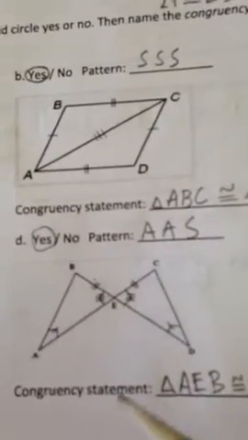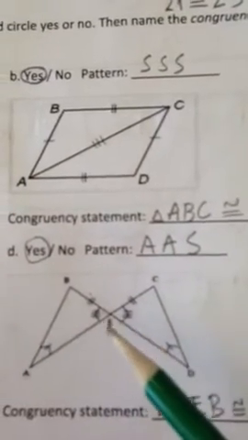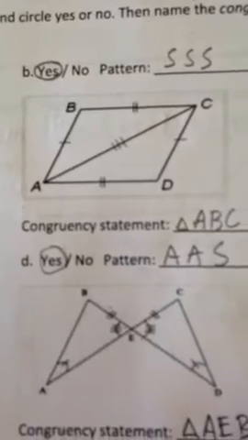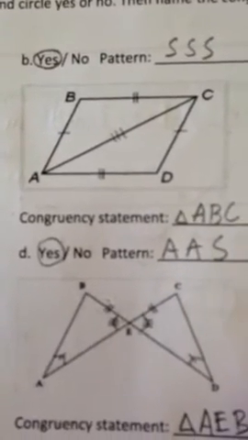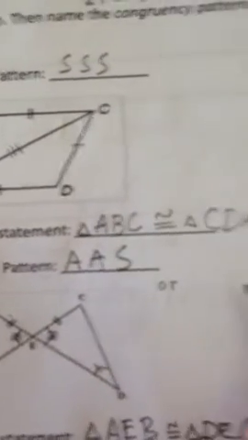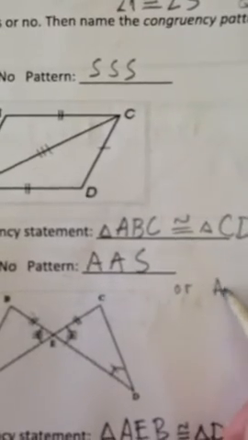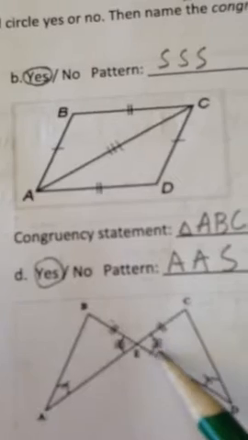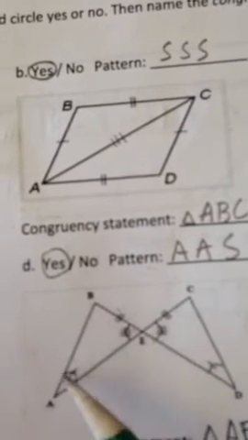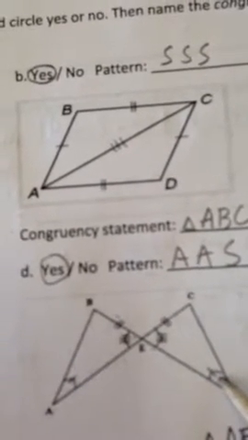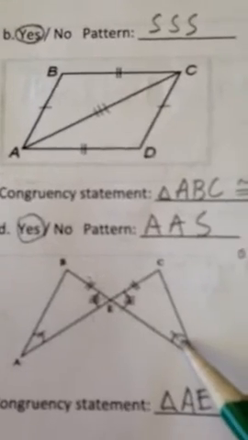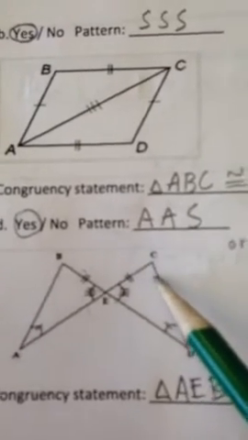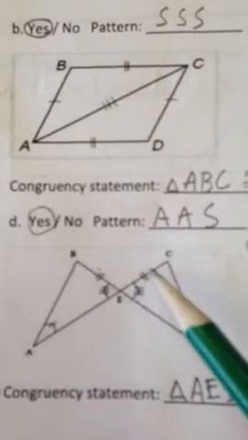There we go. By angle, angle, side, or if you want to, you could make a very good argument that it is angle, side, angle, because if these two angles are congruent and those two angles are congruent, since all the angles in a triangle add up to the same number, 180 degrees, these two angles up here must also be congruent.